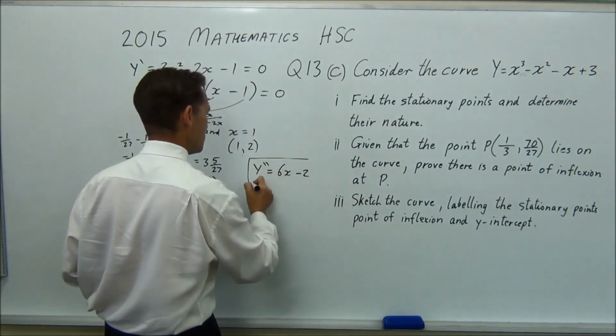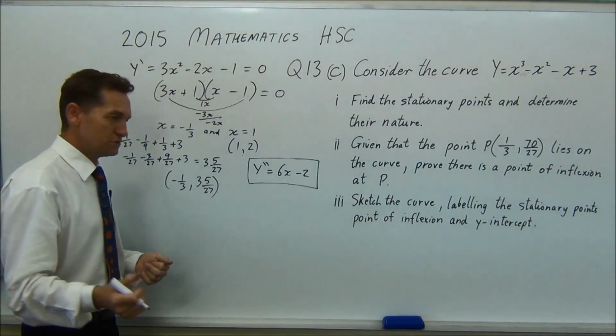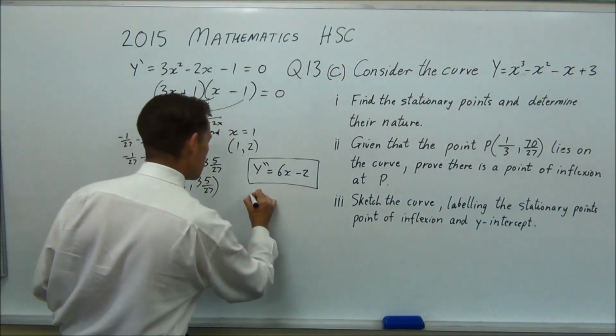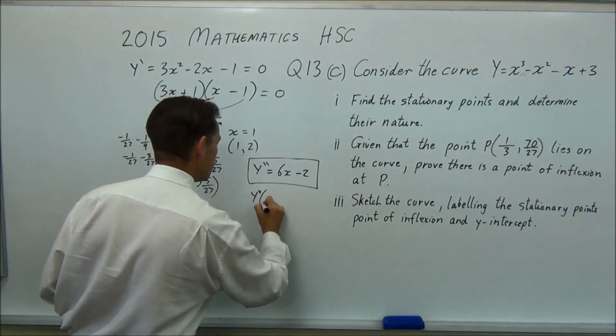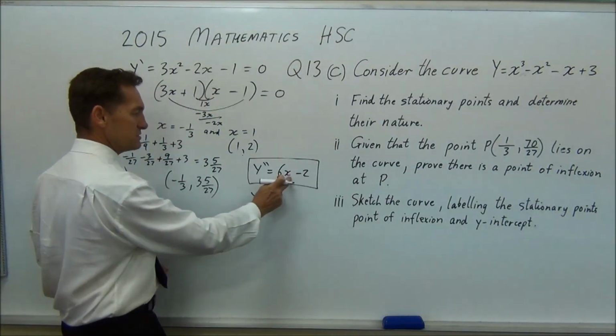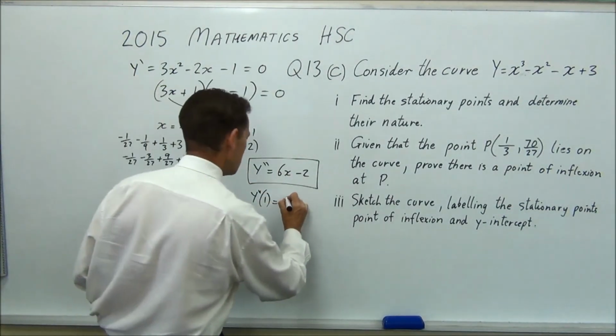So that is the second differentiation. To find out the nature of each thing, you're going to put in the x value one at a time. So we're going to go y double dash of 1. Put in 1 there. 6 times 1 is 6, take away 2 is 4.